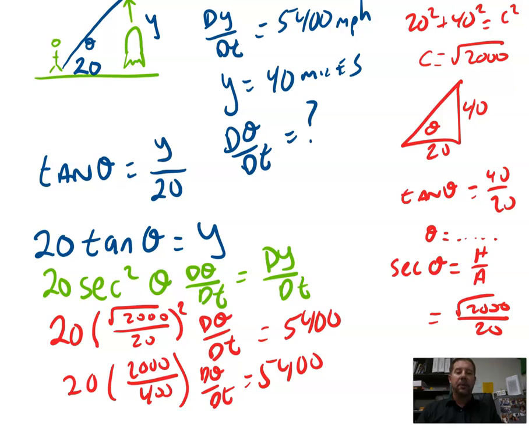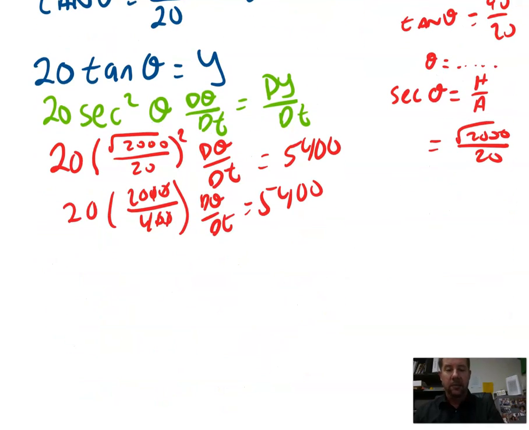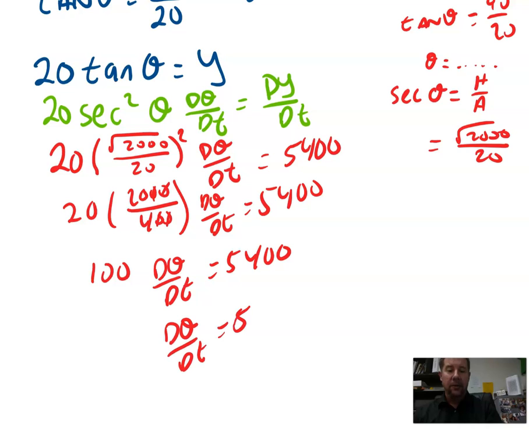If I do some killing off here, 0, 0, 0, 0, I get 20 over 4, which is 5, times 20. I get 100 d theta dt equals 5,400. And if I divide both sides by 100, I get d theta dt equals 54.